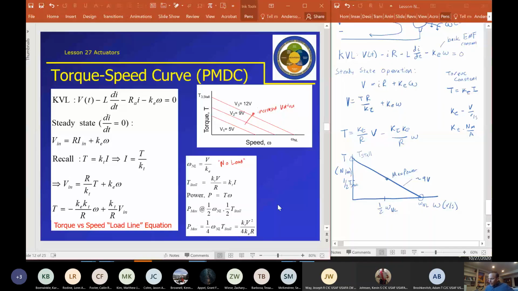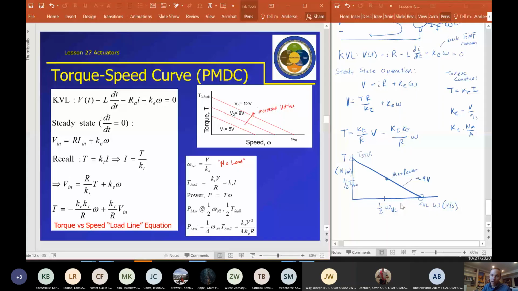The reason for that is that your permanent magnet DC motors would rather run very fast at a low torque than go slow at a high torque. That's because when you're running your motor, you're trading off electrical losses in the coil of the motor against friction in the bearings.